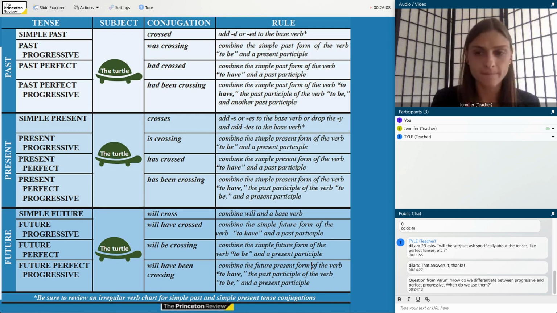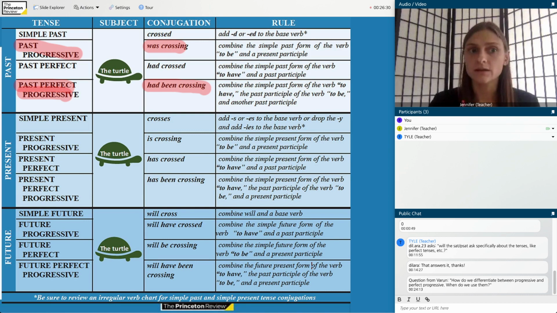And you didn't specify whether present, past, or future, but let's look at the past. So if we look at the past progressive versus the past perfect progressive, we see we have was crossing versus had been crossing. So think about how those meanings are different.